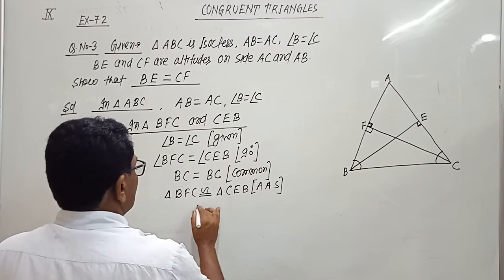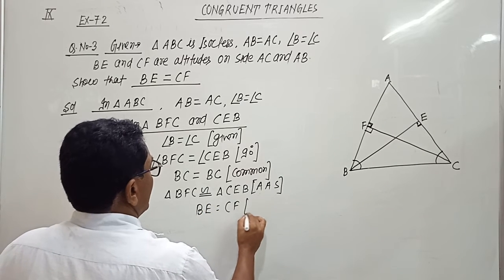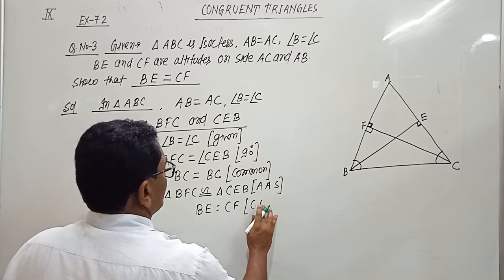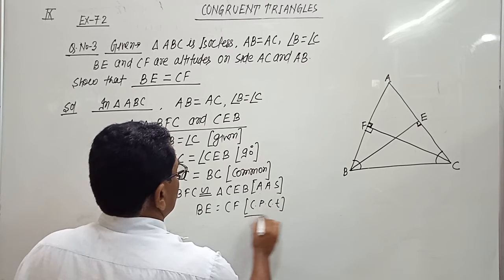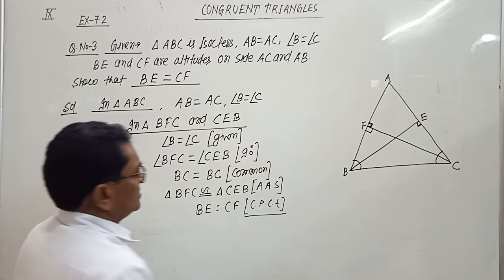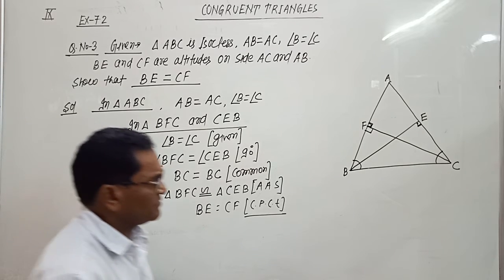So BE equals CF by CPCT. So this proves the result. BE equals CF.